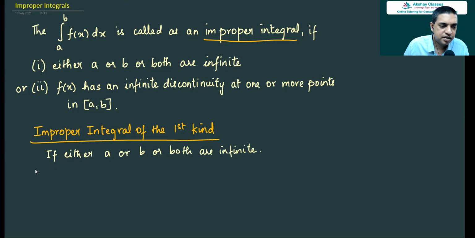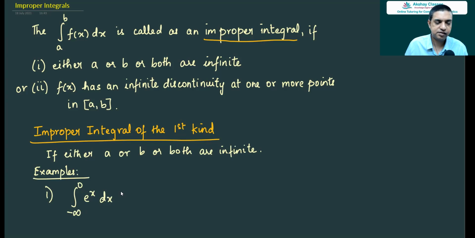Examples: integral minus infinity to 0 e power x dx. This is an example of an improper integral. Next, integral 0 to infinity e power minus x dx. This is also an improper integral.